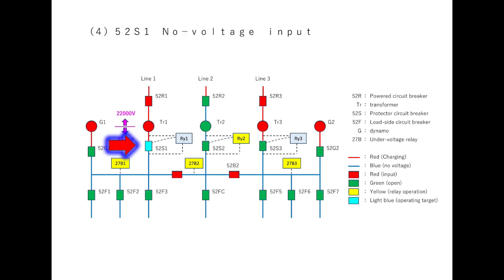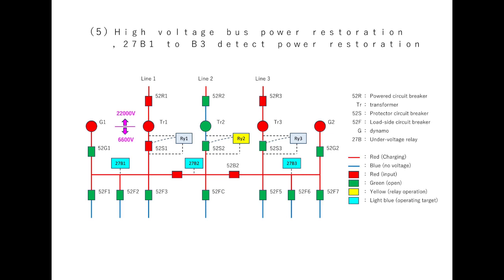When all feeder circuit breakers open automatically, 52S1 automatically closes due to its no voltage closing characteristic. Then, electricity is sent to the busbar, so power is restored to the busbar. Since the under voltage relay returns to normal, 27B1, B2, and B3 will automatically return.